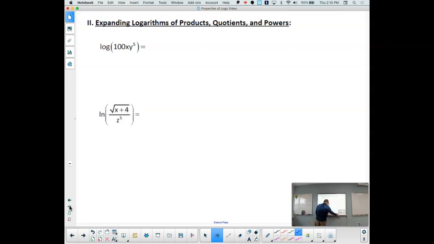So I'm looking at this right in here, and I'm seeing that we are multiplying there and we're multiplying there. So I would first write this out as log of 100, my base is 10, plus log of x plus log of y to the 5th.